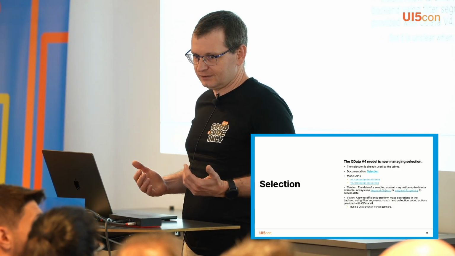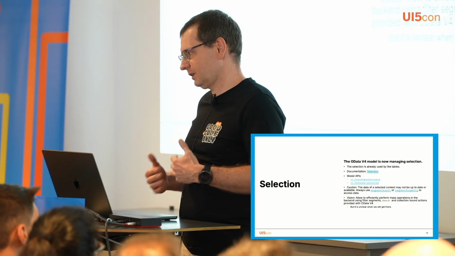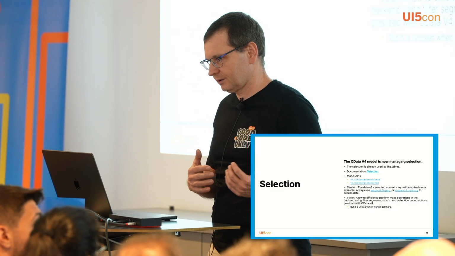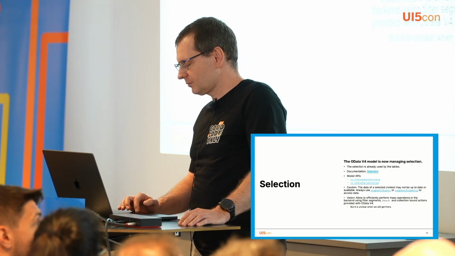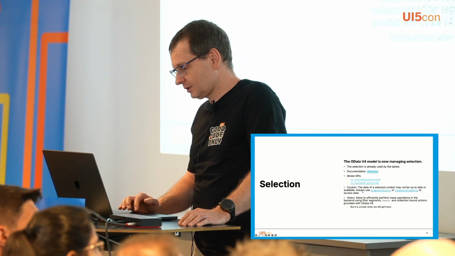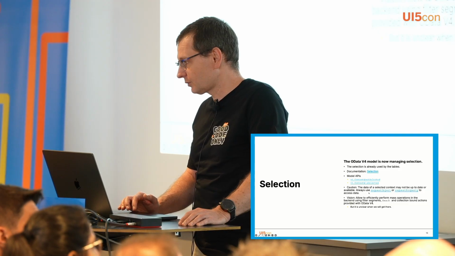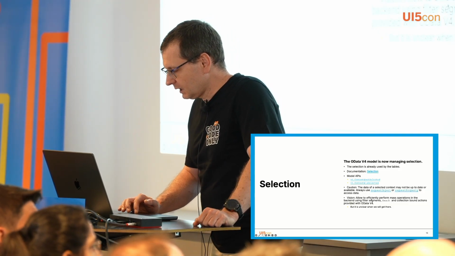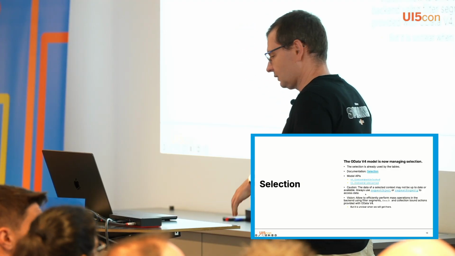And there are at SAP some applications that do this quite extensively. So it becomes expensive if you do it for all the selected contexts. So the not just recommendation, the instruction is you need to use the request methods when you want to access the data of the context. And then the second thing here is the vision part.